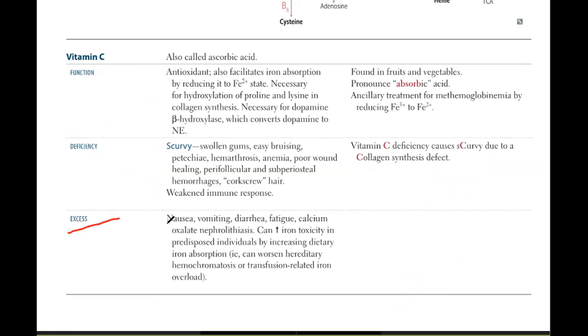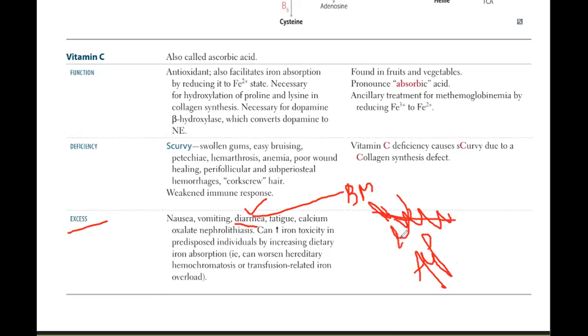Then we have excess. Okay, so nausea, vomiting, diarrhea, fatigue, calcium oxalate nephrolithiasis. Now this is important. You see nausea, vomiting everywhere, but diarrhea? Consider the basement membrane: when your collagen is not formed at your basement membrane, you see this Alport syndrome.